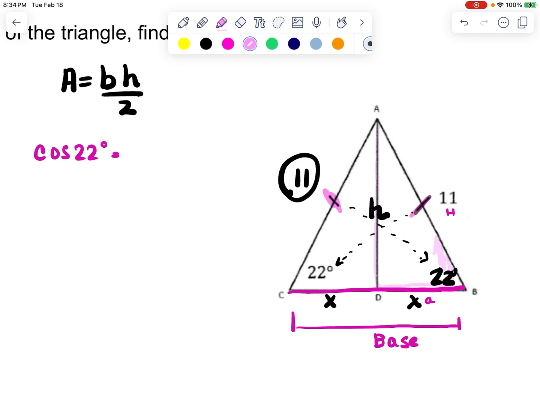Now, I could have used the left-hand triangle, but I'm right-handed, so I constantly use that other one, and I know that there's a right angle in here. Okay, so cosine 22 is going to be A over H, so I'm going to get X over 11. So go solve that. And I think we're going to get X equals 10.20.